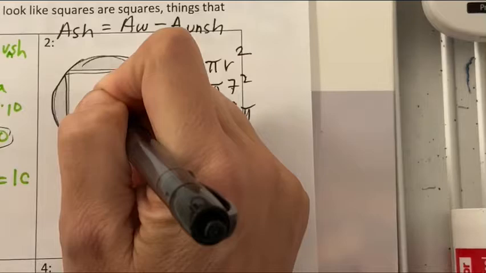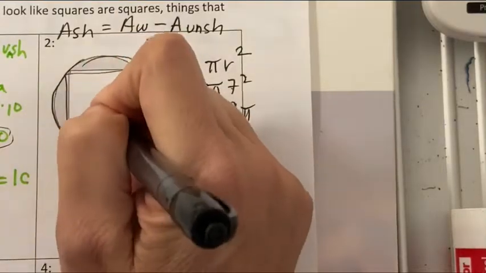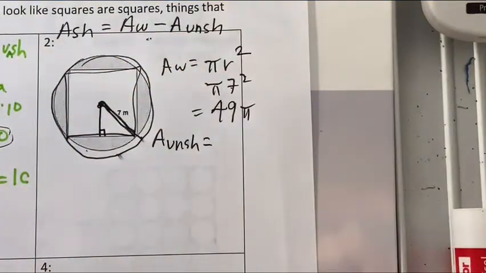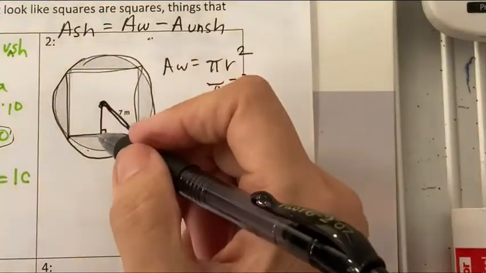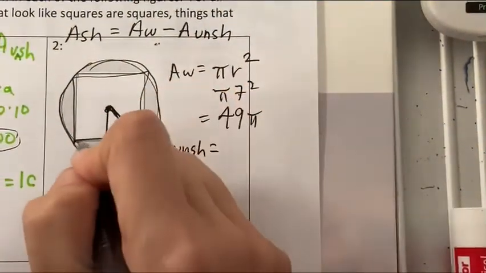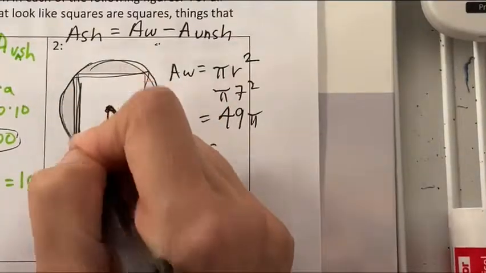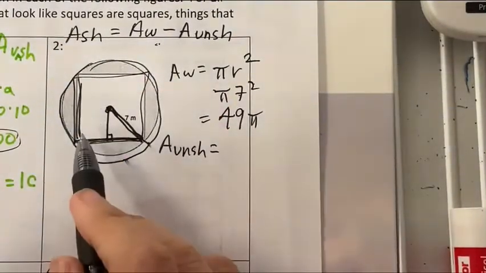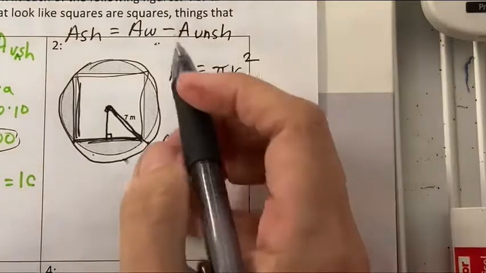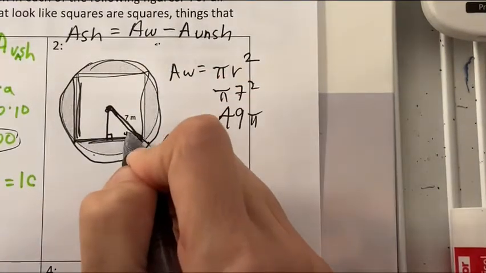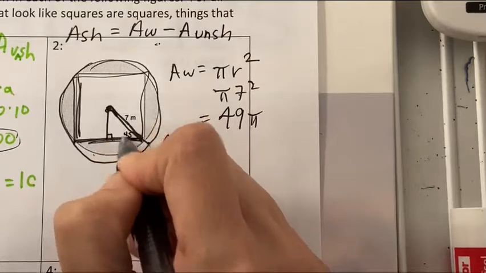That's not my altitude. That's my altitude. And I need this number, the base and the altitude. So I need more information here. I know this is 45 degrees, right? And this is a square cut in half.